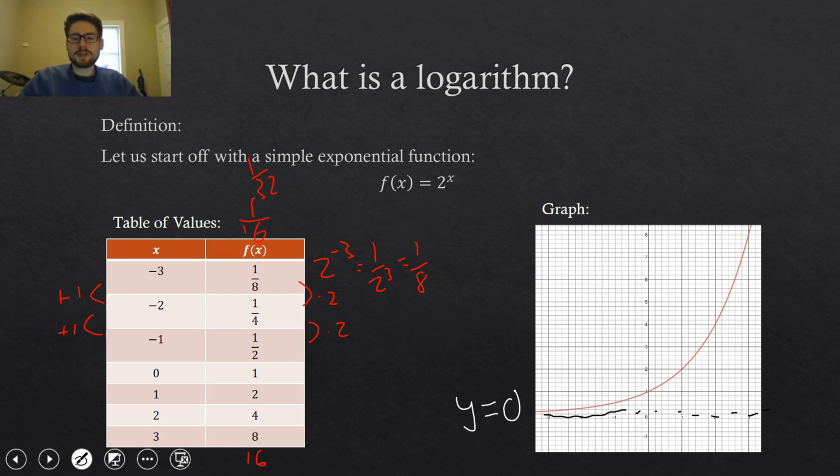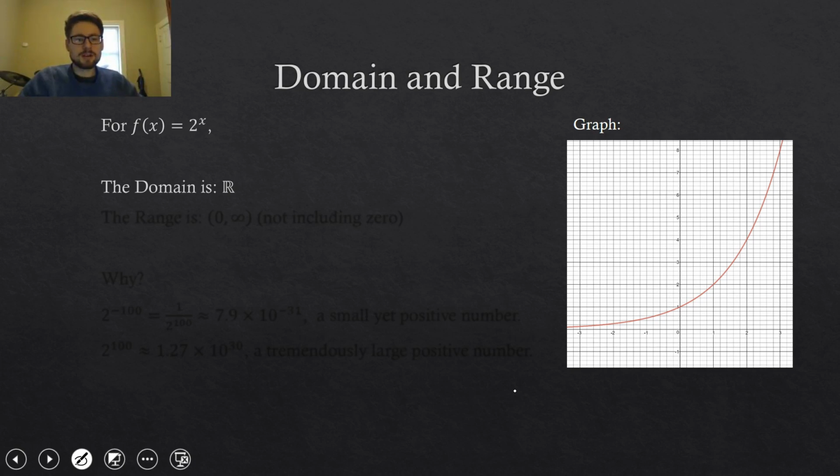From this, we should be able to determine the domain and the range. For that function, our domain is going to be all real numbers. We can plug anything into 2 to the x, even a weird fraction, even something like 2 to the pi. You can compute 2 to the pi to some number of decimal places with the calculator. What does that actually mean?